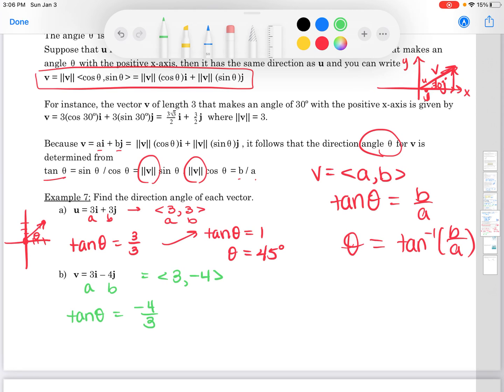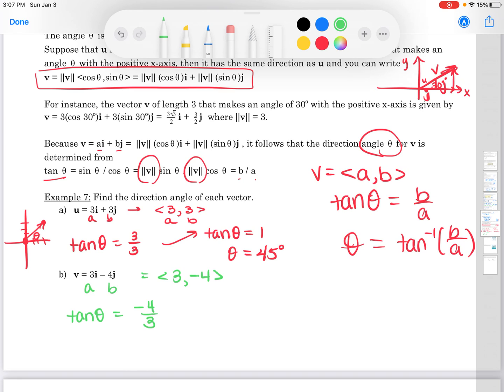So when we do that, we're going to get an estimated answer here. Sorry, I don't know why my calculator is not working for me. Give me just a second. Let's get that working. It should be like 53 something, or somewhere around that number.